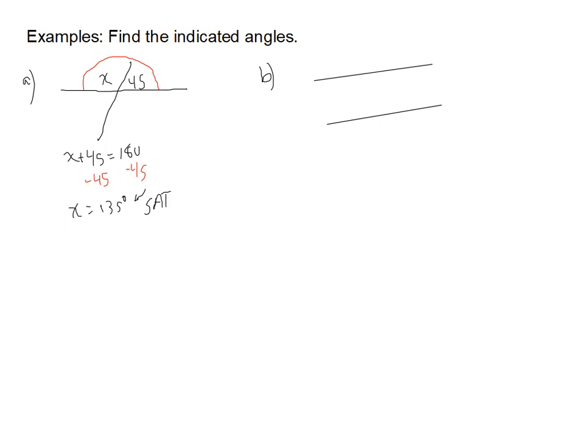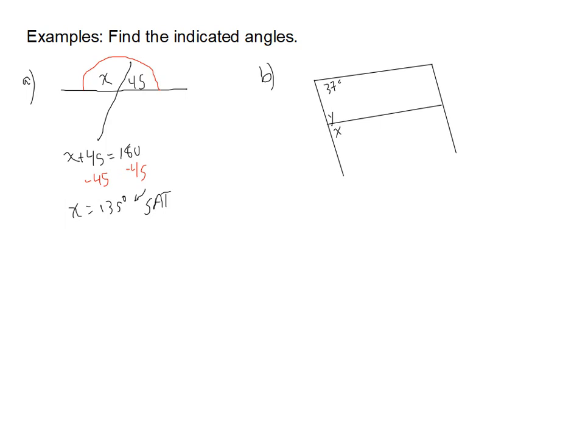Let's do a line over here, and let's do another one over here. I'm going to tell you that this angle in the top left-hand corner is 37 degrees, and I'm going to ask you to find a couple of other angles. I'm going to ask you to find this one right here and this one right here.